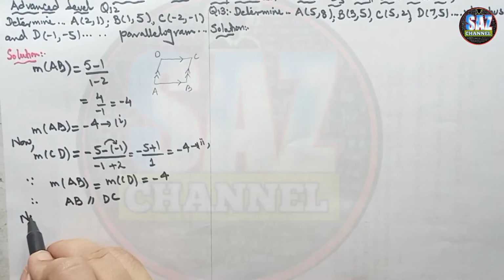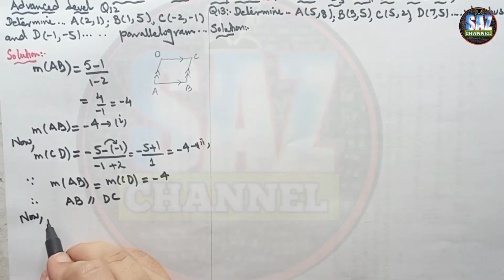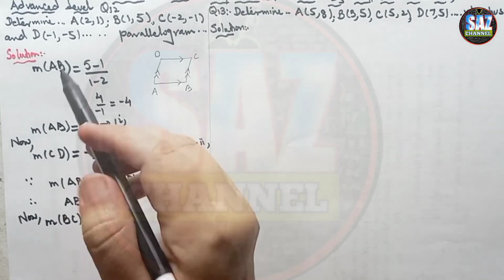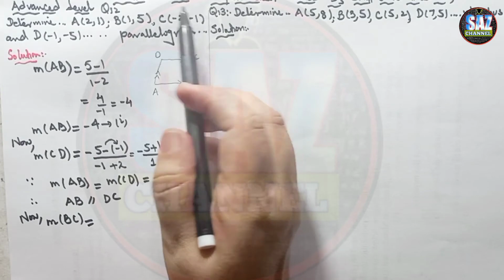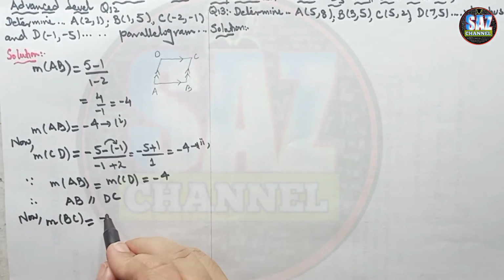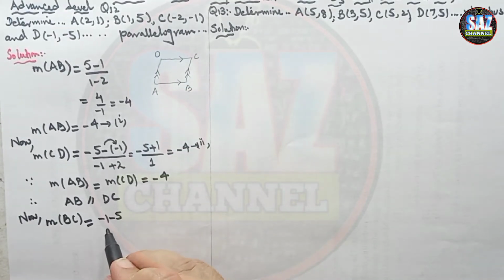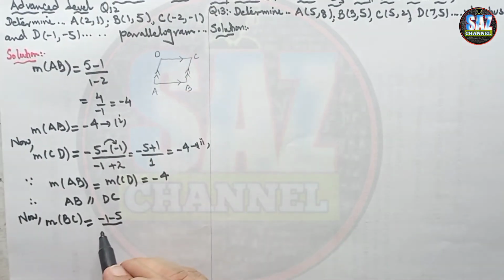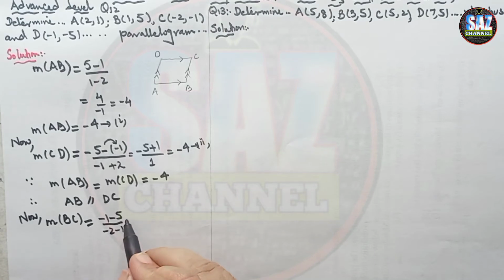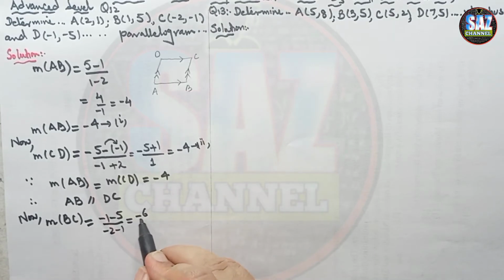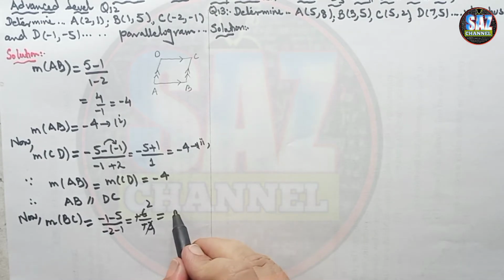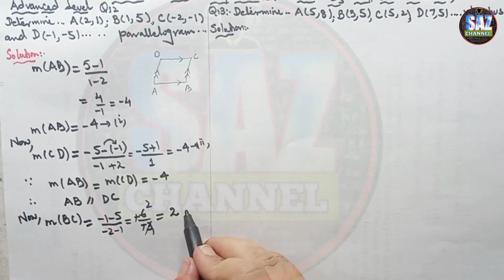Now gradient BC will be equal to, taking B and C, y2 minus y1, minus 1 minus 5 upon minus 2 minus 1, which is equal to minus 6 upon minus 3, and the minus sign can go, and 3 ones are 3 and 3 twos are 6, which is equal to 2, and let it be 3.